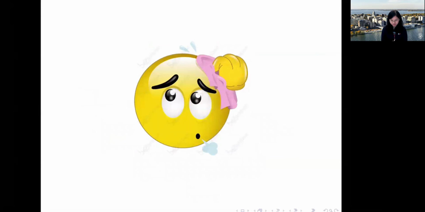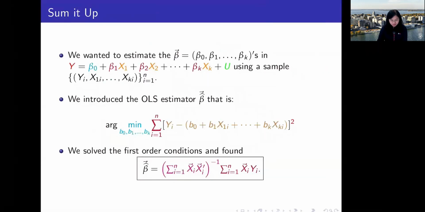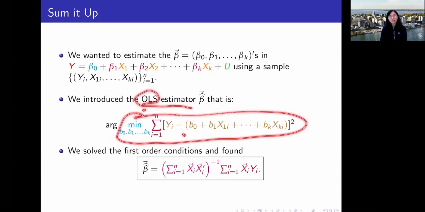Whew, right? All right, to sum it up, we want to estimate the beta vector in the linear regression equation using a random sample like this. We introduced the ordinary least square estimator that is a solution to this minimization problem where we're minimizing the sum of squared residuals, the sum of squared approximation errors for using a linear function of x to approximate y.